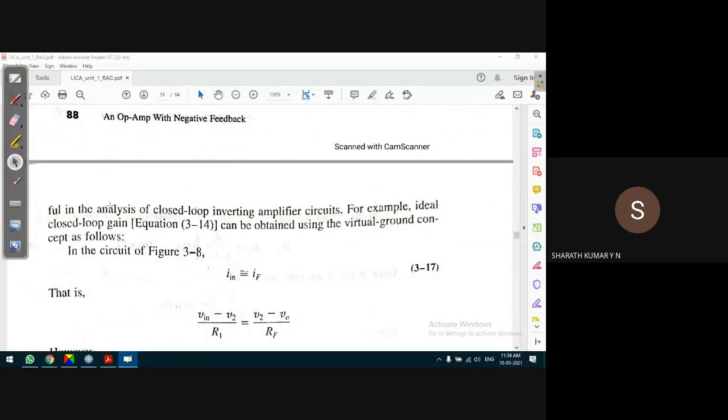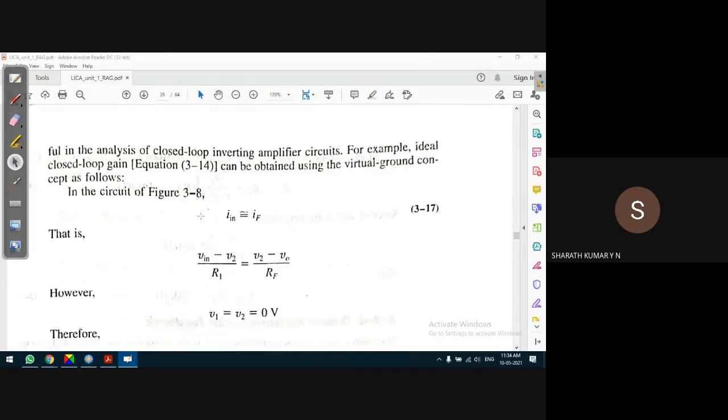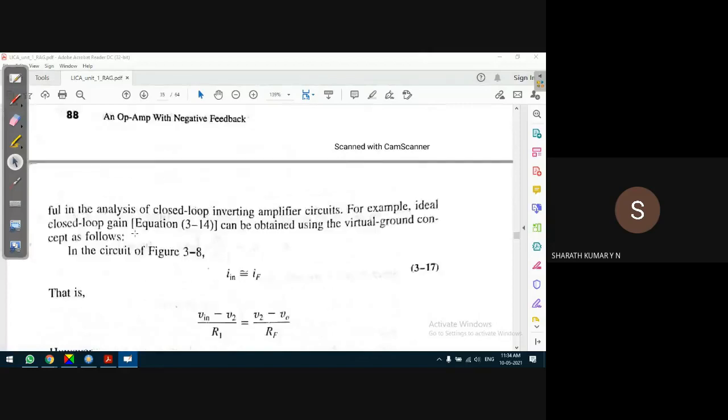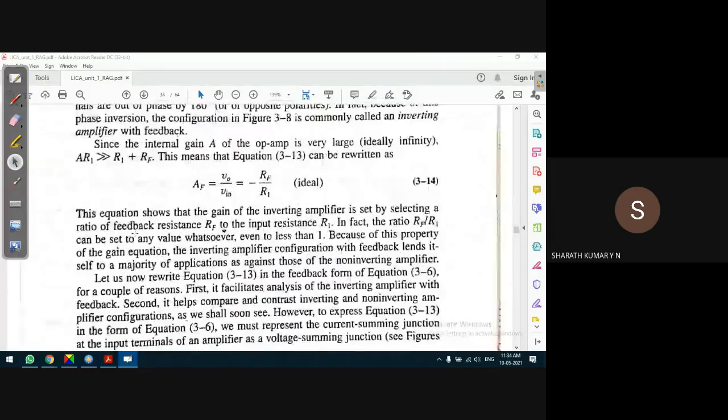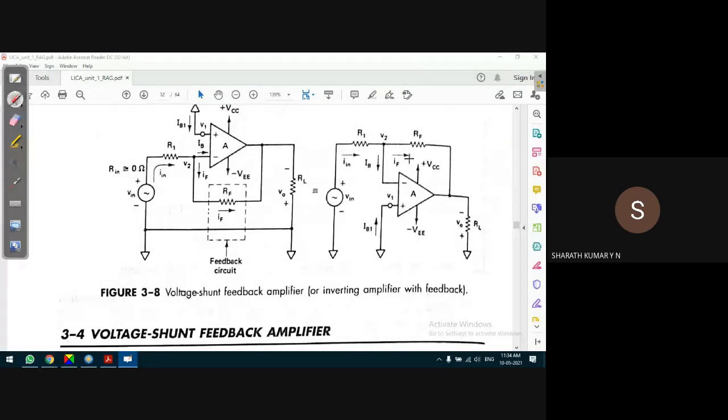So in ideal closed loop condition, what happens to the virtual ground? If you observe this diagram, the input current is almost equal to the feedback current. If this is at a virtual ground condition, that means the current flowing into this terminal is zero. Similarly, the current flowing into the non-inverting input terminal is also zero. Both the currents are zero.